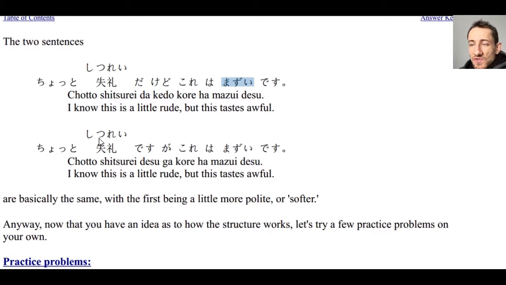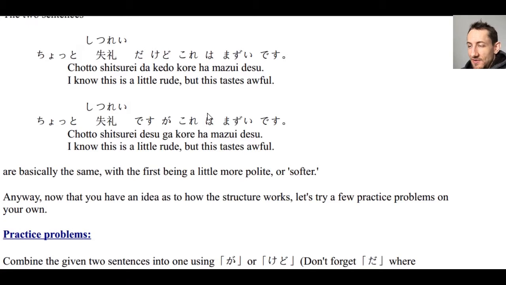And here we have ちょっと失礼ですが、これはまずいです. So ですが is a little more hard, right? けど is a little softer. At least as far as my understanding goes, maybe you can consult with a Japanese friend, but I think for the most part you can just remember that kedo is a little softer.